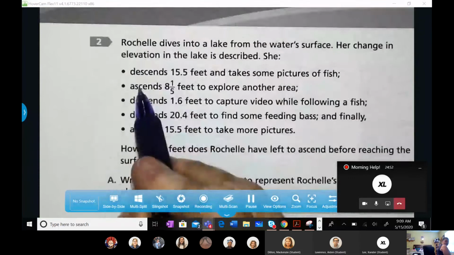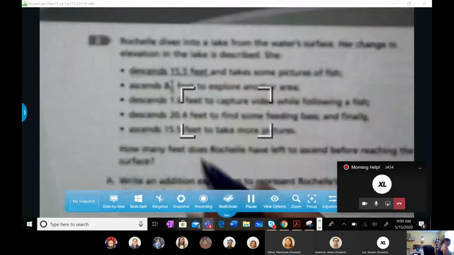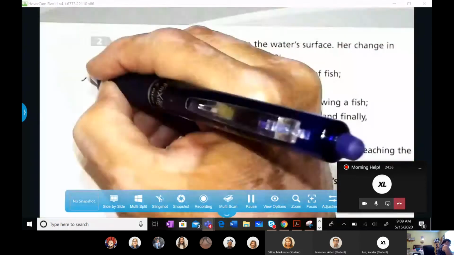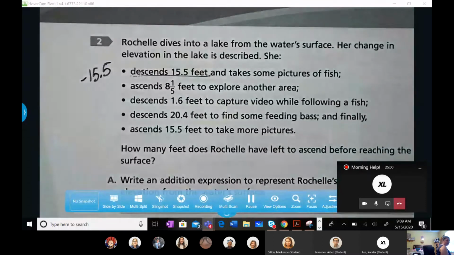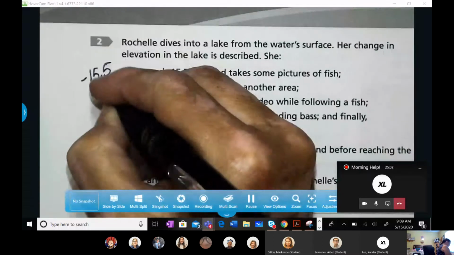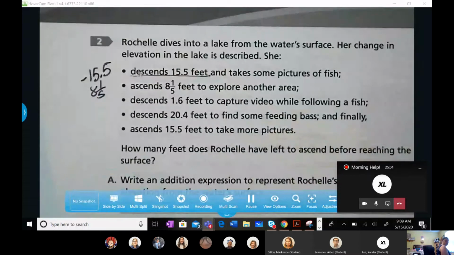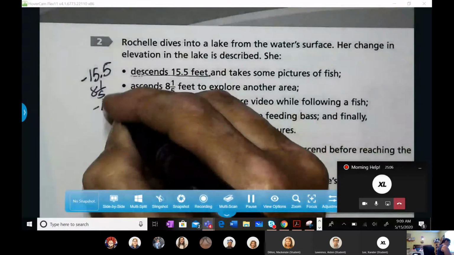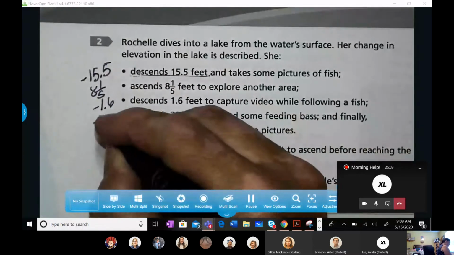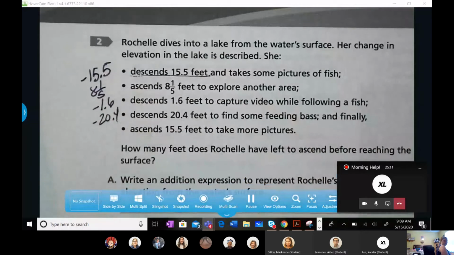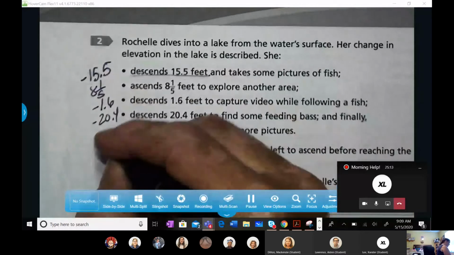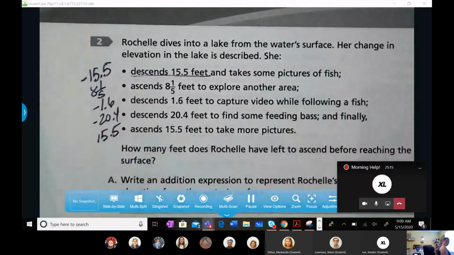All right, so descend would be a negative 15.5. Ascend would be a positive 8 and 1/5. Of course, descend would be negative 1 and 6/10. Descend would be negative 20 and 4/10, and this one would be a positive 15 and 5/10.